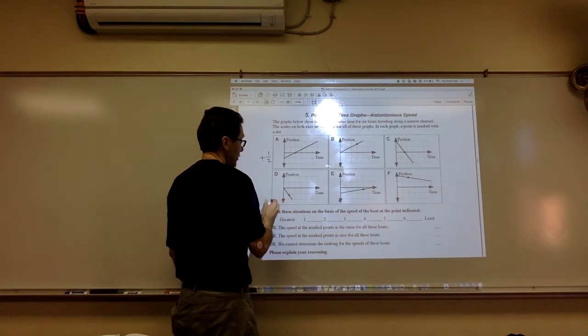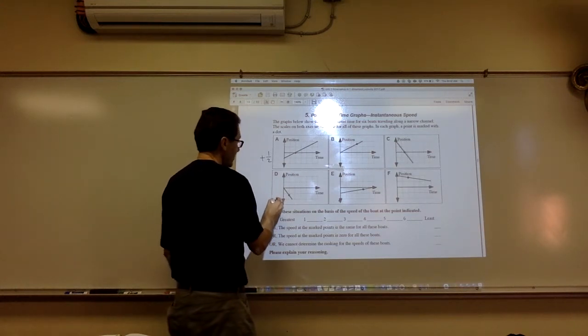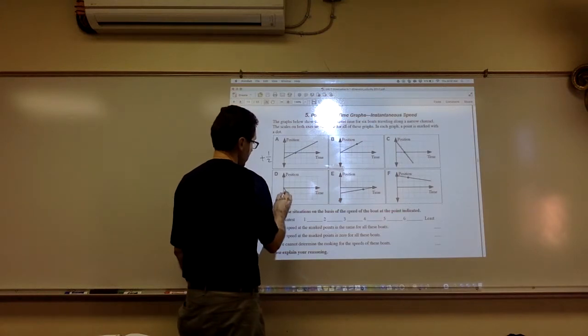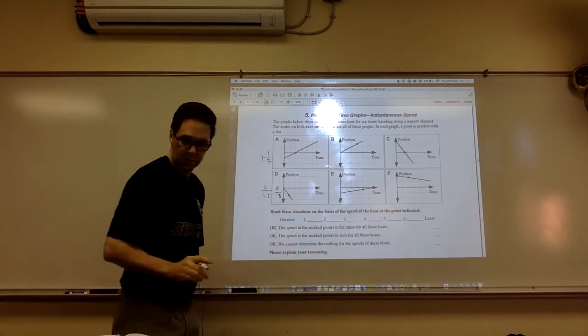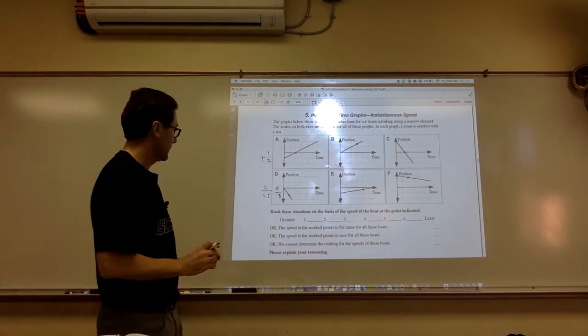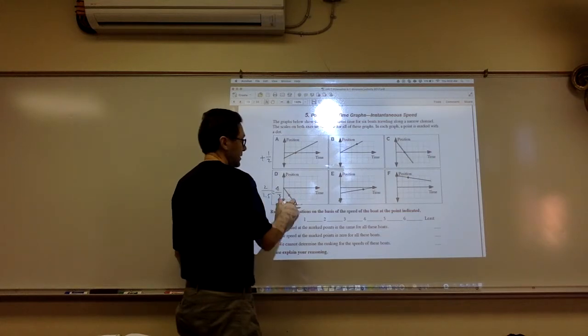I think I said this was a drop of 2 over, I guess, 1.5, which is basically 4 over 3. And I ignored the fact that it's a negative slope.